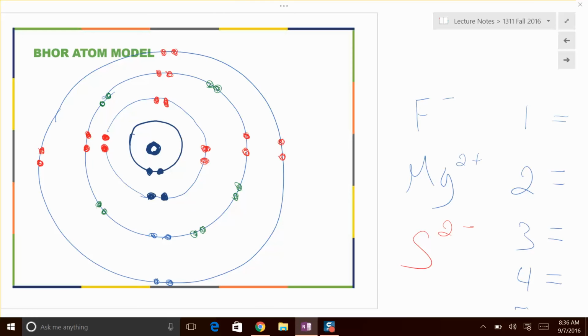Now, Al is a metal. How many valence electrons does it have? 3. We can predict the charge of this metal. What do you think it's going to be?